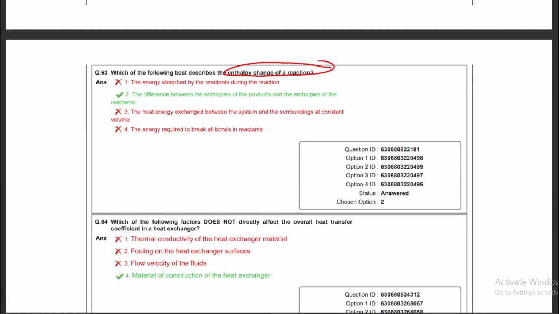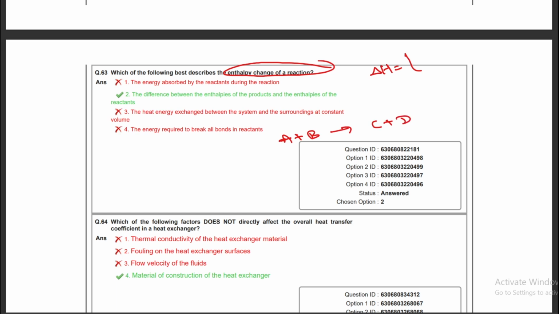So now we are discussing enthalpy change. It means change in delta H. Suppose you have a reaction like A plus B, these are reactants, and C plus D, these are products.